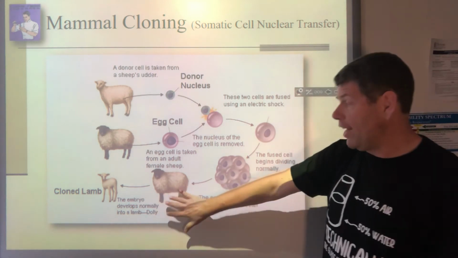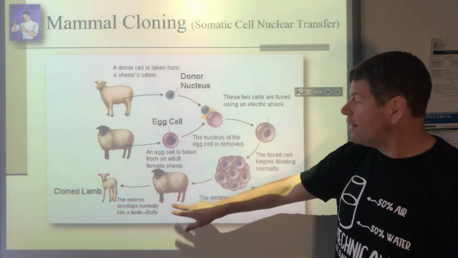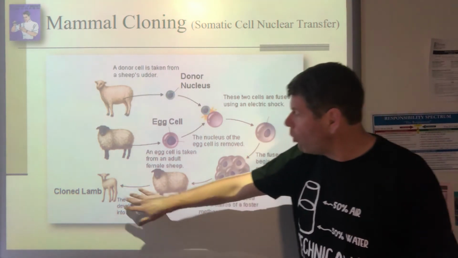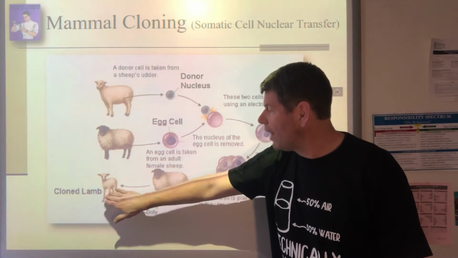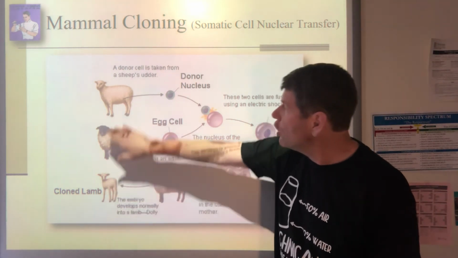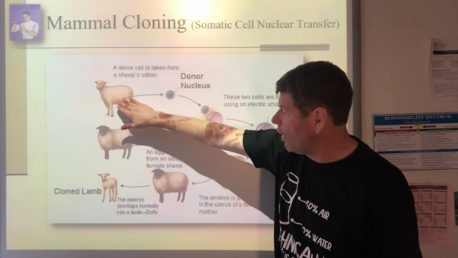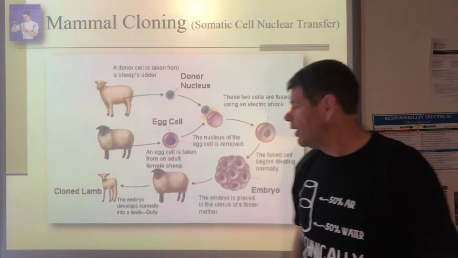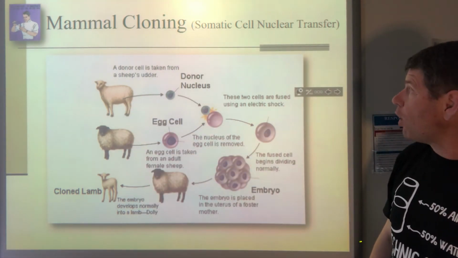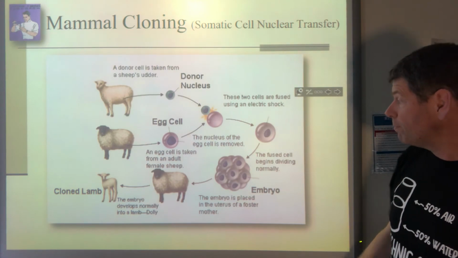So this could be any mother sheep. Then when the baby is born, this is a cloned lamb that is genetically identical to that sheep right there. Okay? So that essentially is how cloning a mammal works.